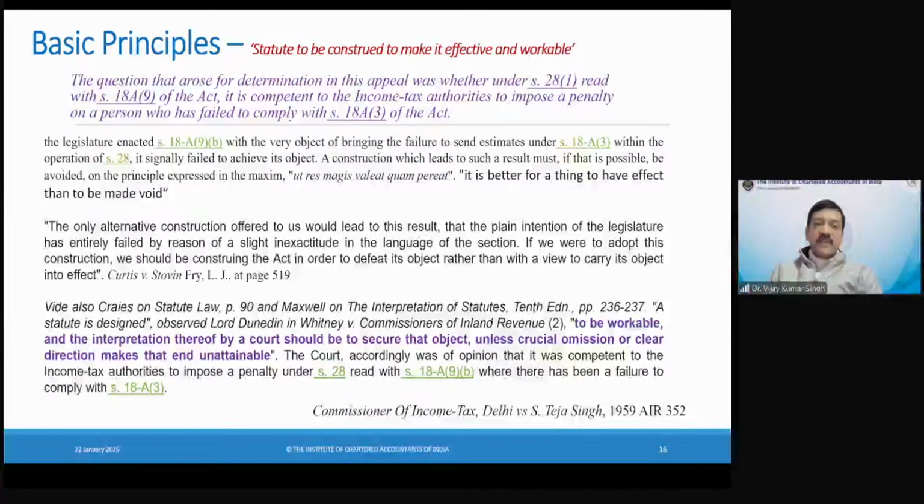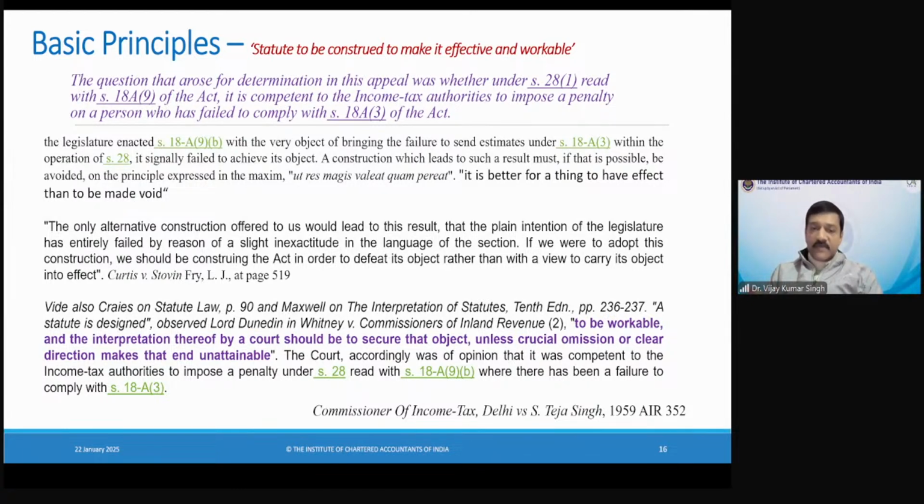So in one of the cases, the question which arose was whether under section 28(1) read with 18A(9) of the Act, it is competent to the income tax authorities to impose a penalty on a person who has failed to comply with section 18A(3) of the Act, right? Here, the object of that legislation was to bring in the failure to send estimates.